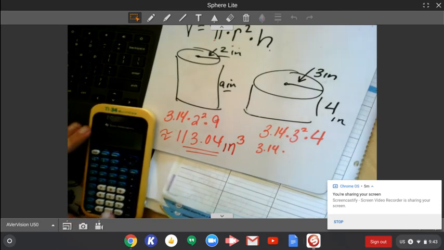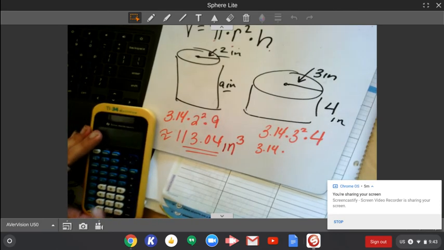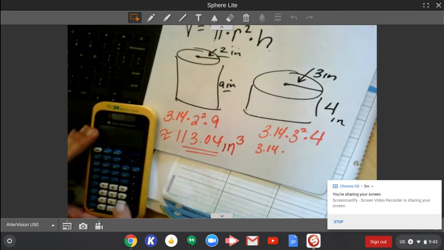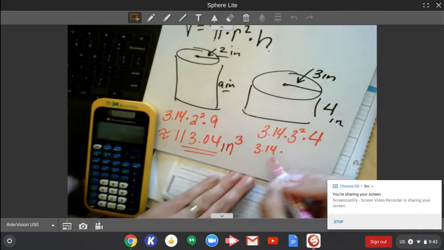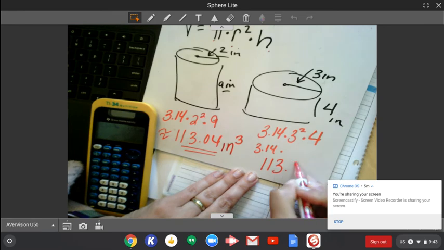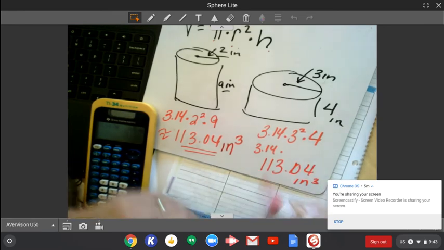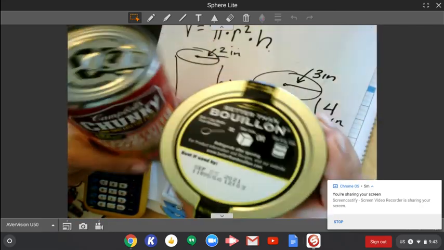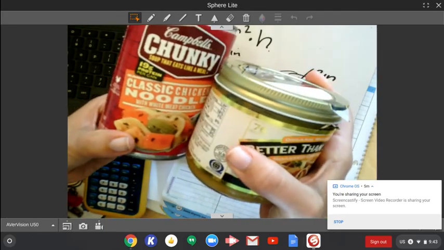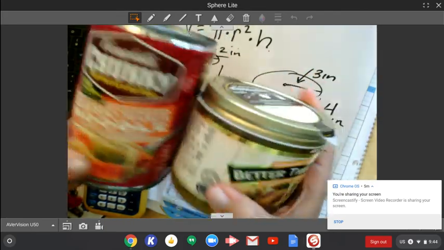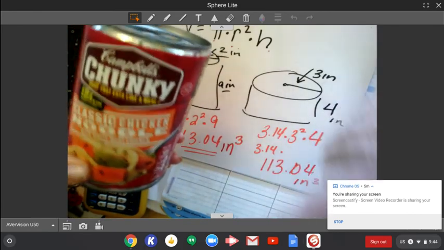Uh-oh. I think something's going to happen here. 3.14 times 36, same thing. Oh, interesting. They have the same volume. So although the two cans had different diameters and different heights, they actually are the same size can, and that's why they cost the same amount of money.